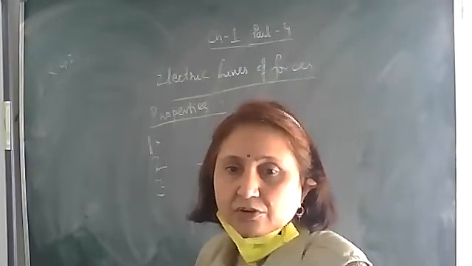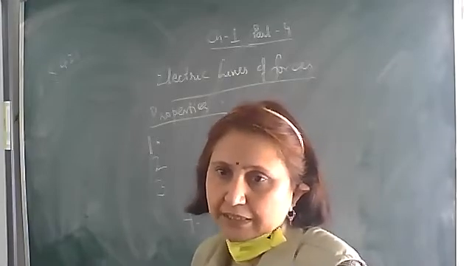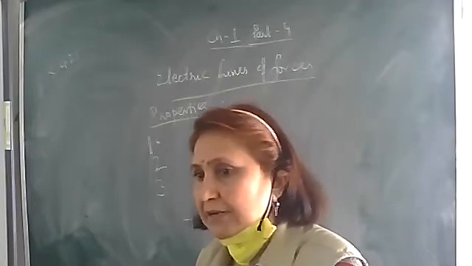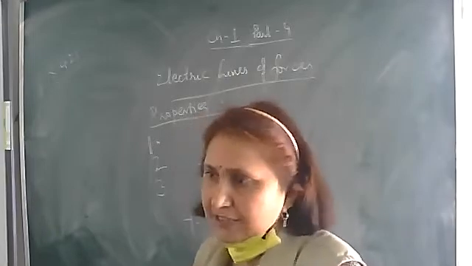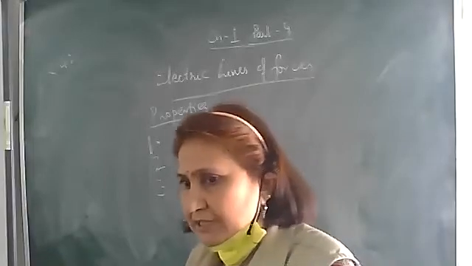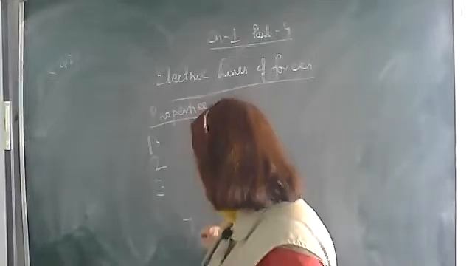So how do they come out from a positively charged body? Perpendicular to the surface of that conductor. The same way they terminate on the negatively charged body, perpendicular to the surface of the conductor. So how do they come out? Perpendicular. And how do they end? Perpendicular. Okay, so this is the fourth property.